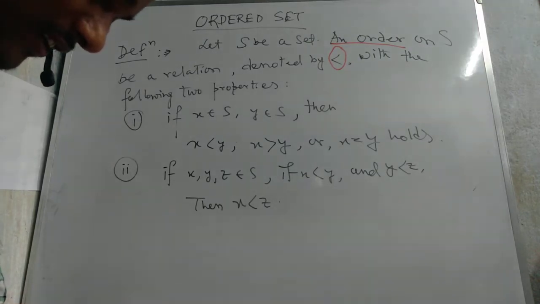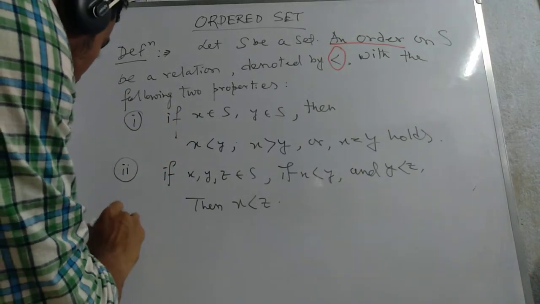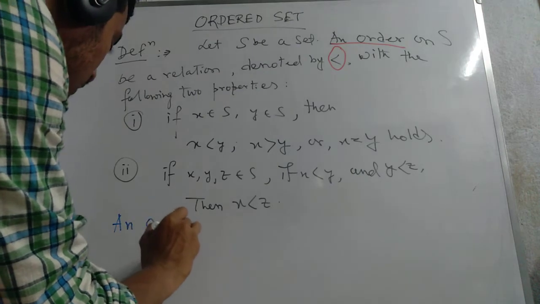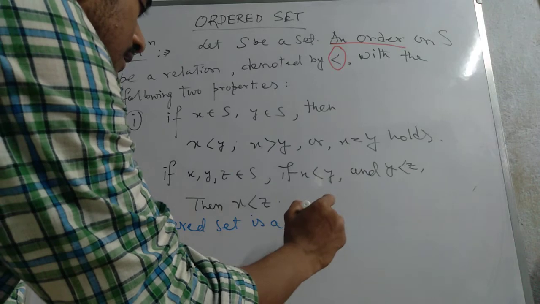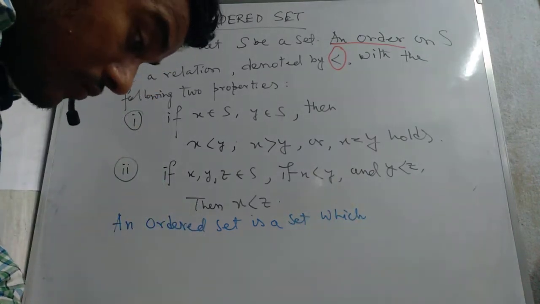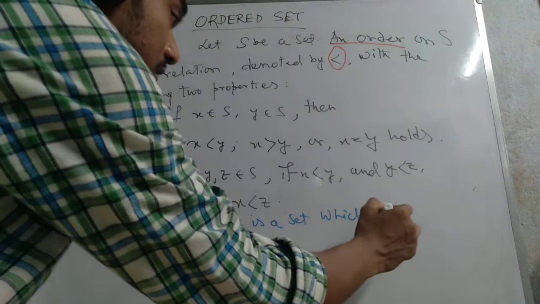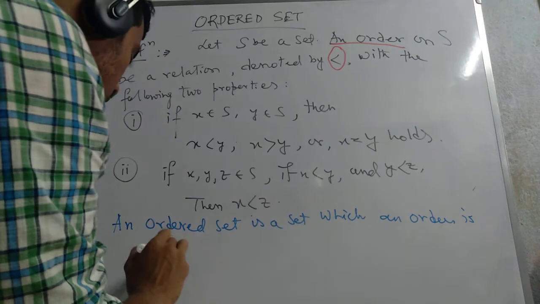Next, an ordered set is a set on which an order is defined. That means when we call it an ordered set, it is a set in which an order is defined.